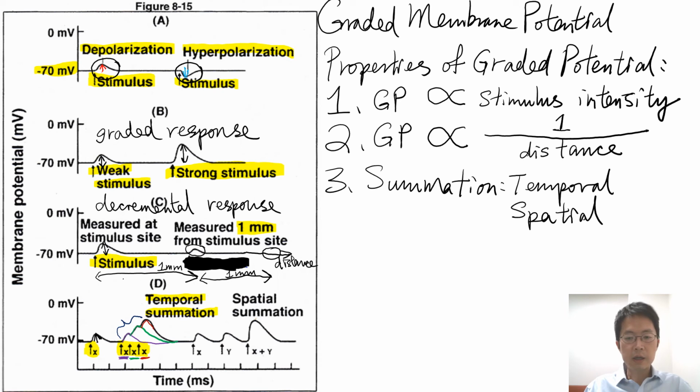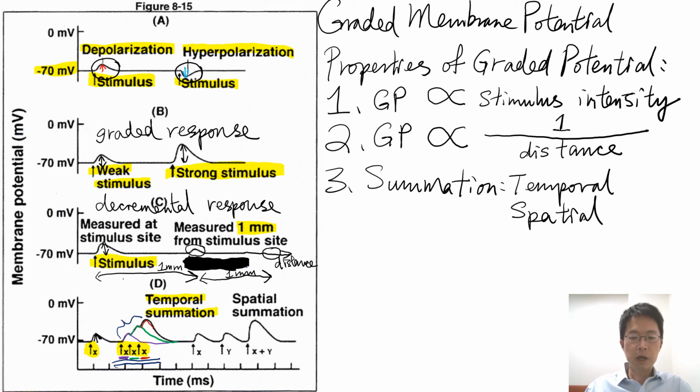How can they do that? Based on the time that you give the stimulation. The time has to be very short so that the membrane potentials can build on each other before they die.